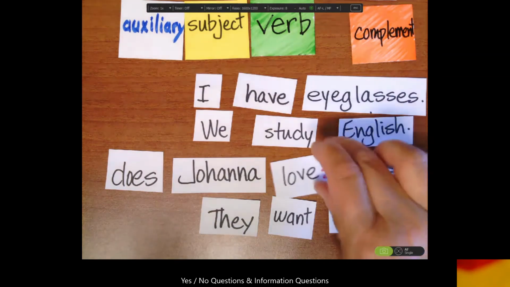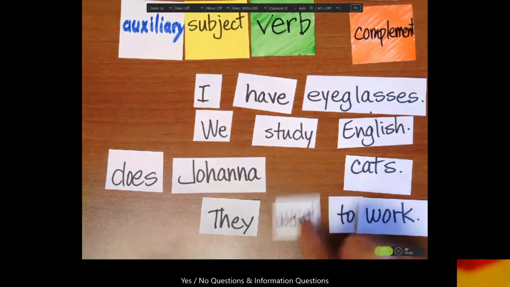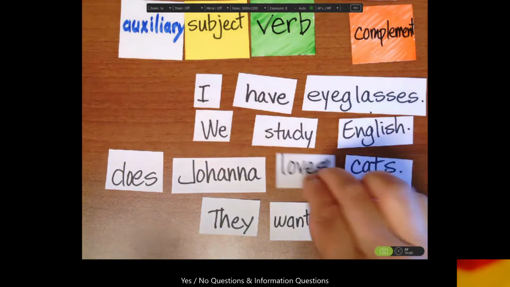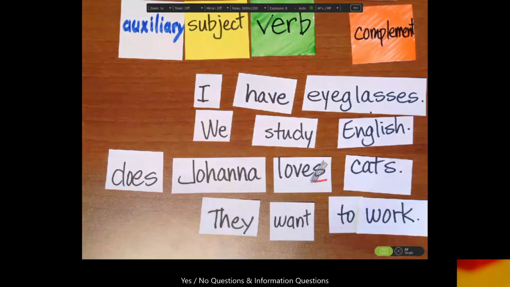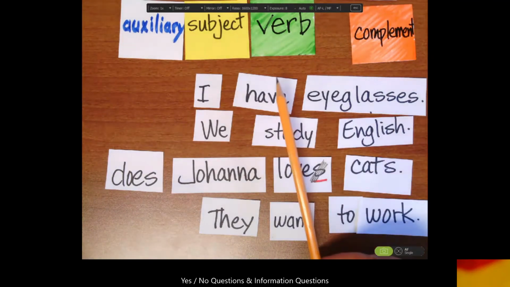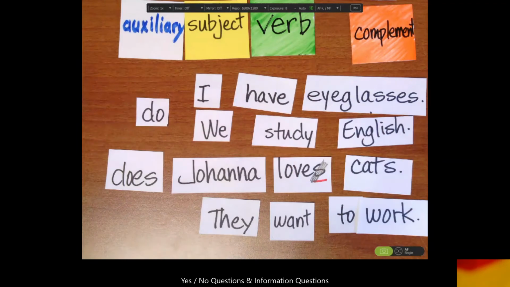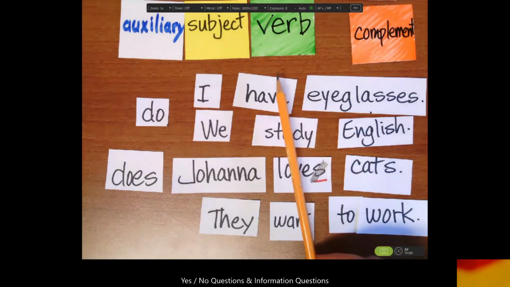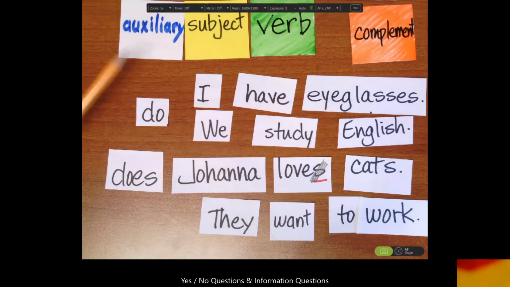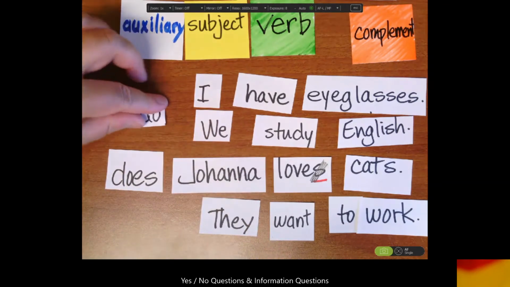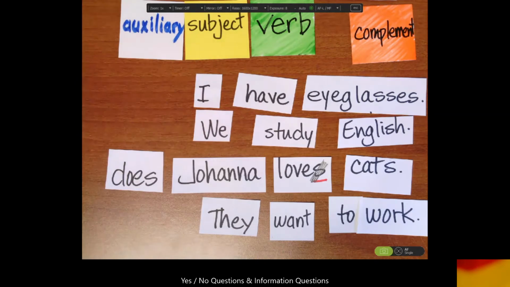Therefore, this verb does not have S. In fact, any of these verbs that go with do or does now become infinitive. You do not touch them. After an auxiliary, the verb that follows, you never conjugate. It becomes an infinitive. So, does Johanna love cats?